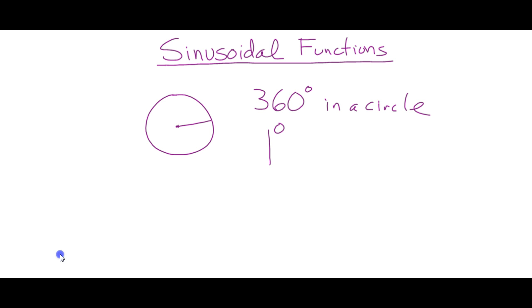So what's 1 degree? 1/360th. 1 degree is 1/360th of the way around a circle, right? So if you're going to draw that, you draw it like this, and this is not to scale because that's way more than 1 degree, but I have to leave something so you can resolve that there's actually a space in there. So that's 1 degree, right? Which is 1/360th of the way around a circle.